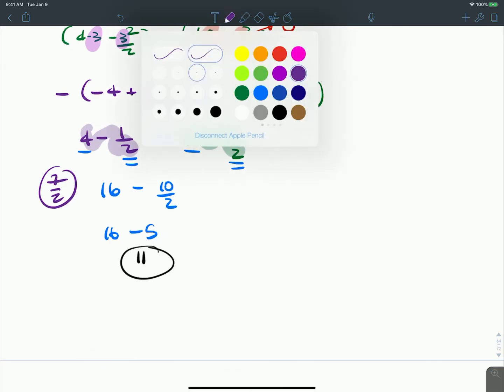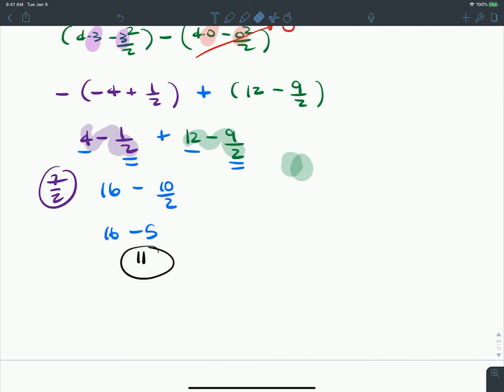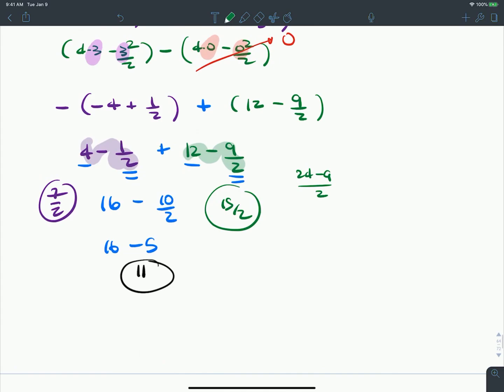All right, so let's note this in green. 24 minus 9/2 is 15/2. Now something's wrong here. Let me be careful here. 4, that's 8.